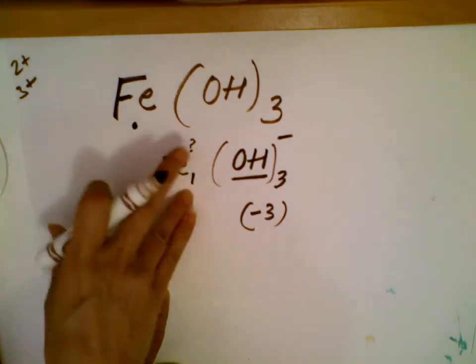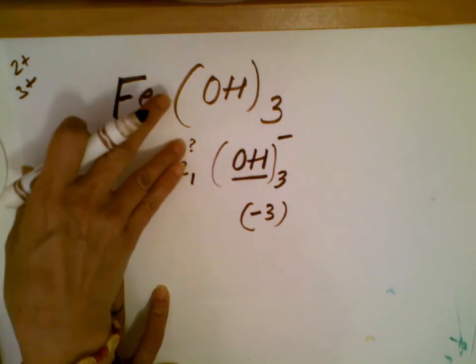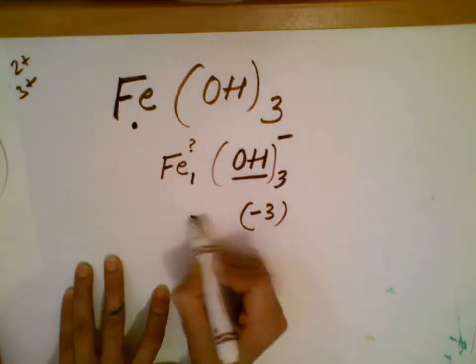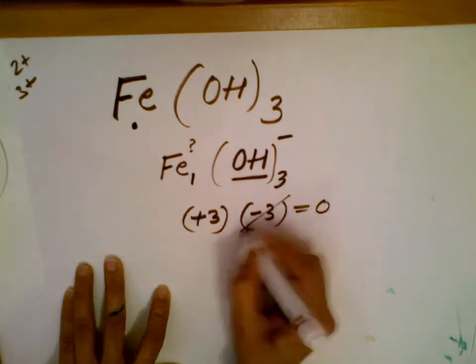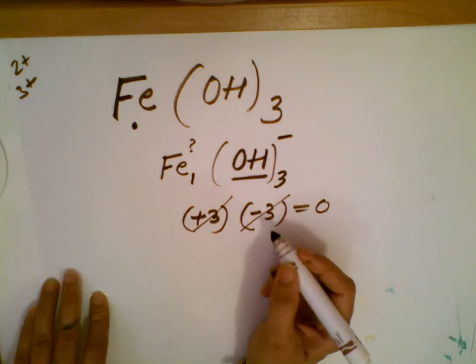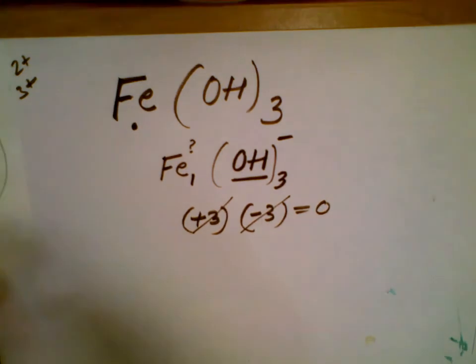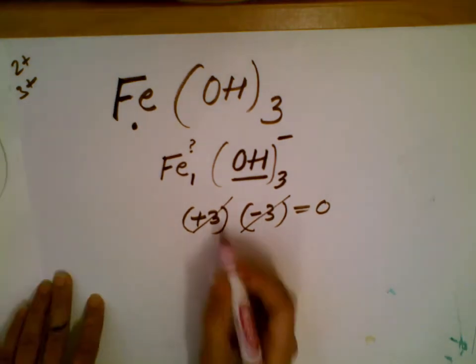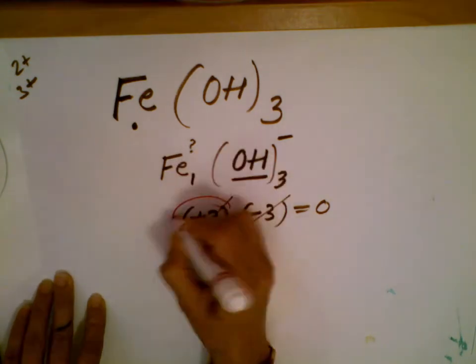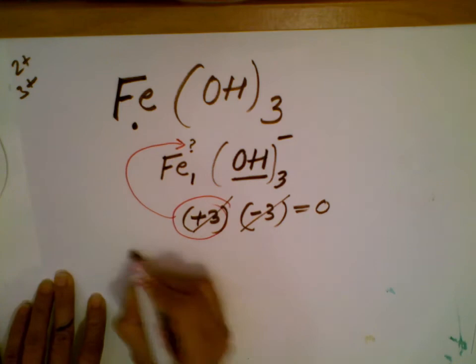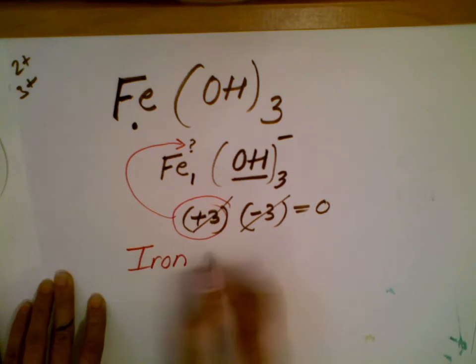This is 1, so it has to be positive 3, to make the overall charge on the compound neutral, 0 charge. So what's our answer? What did we use? This is the charge we used here. So it is iron 3 hydroxide.